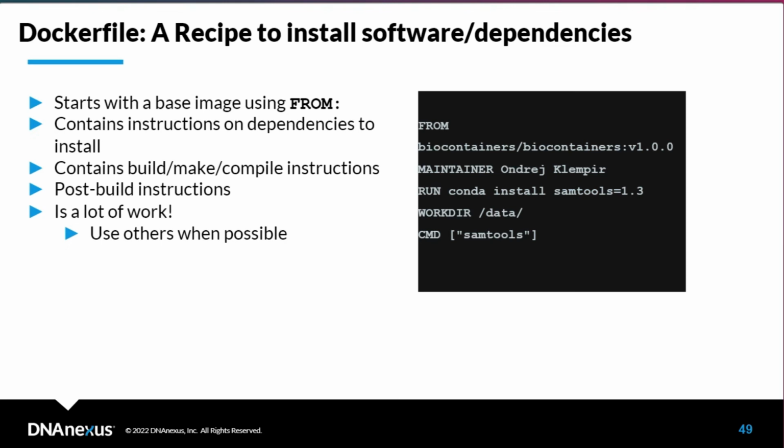As we can see here, you can install software via Conda, and then set up the working directory. So basically this contains all the build, make, and compile instructions. This is a great idea for your work, for reproducibility and for portability, but typically it's a lot of work. So we would recommend using others' images when possible and maybe following the ideas we were showing.